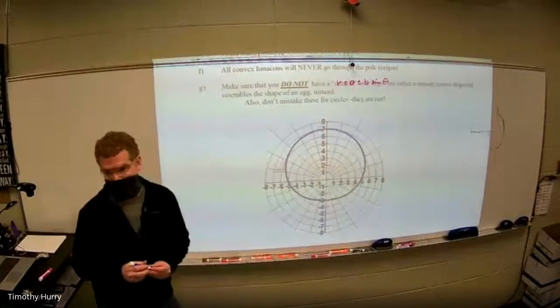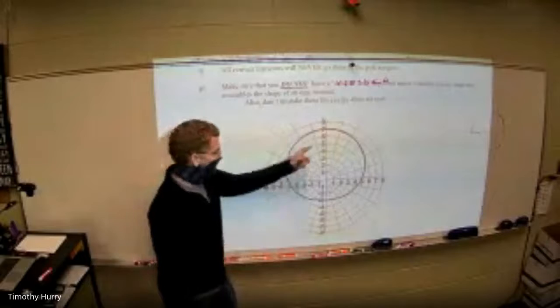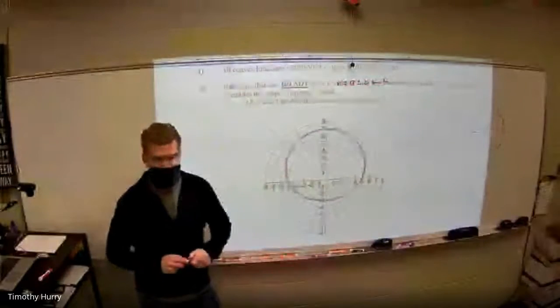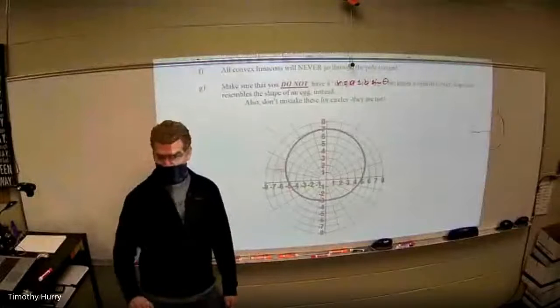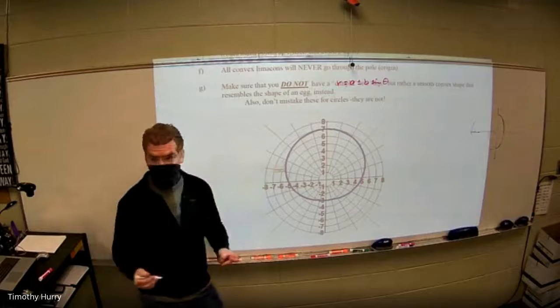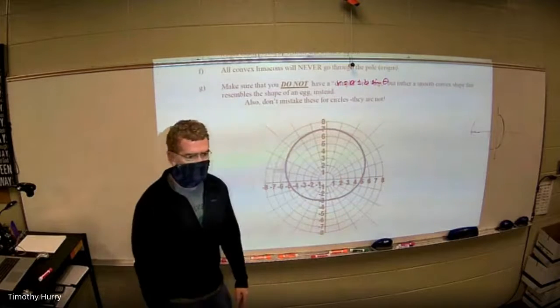I mean, try to keep it from looking like a diamond or an arrowhead or something like that, but try to make it look kind of circular. Honestly, I don't know that I've ever taken off unless somebody literally draws a quadrilateral on there. Then I'd probably dock you. But that would be it. So the more rounded you can be, the better.